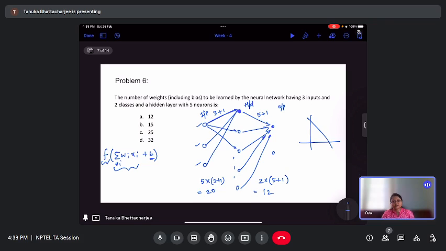So, you can think of it this way also. Let us say you want to do a classification and you want to use a linear combination of your inputs to obtain the estimate based on which you will do your classification. So, you have three input values, you do a linear combination of these to get to one value, and you classify based on that value.